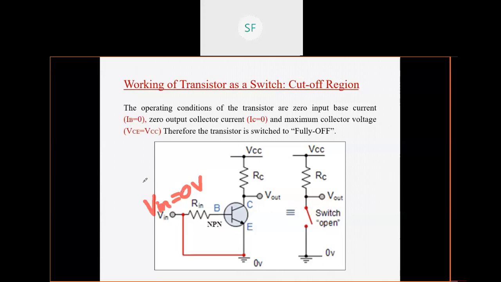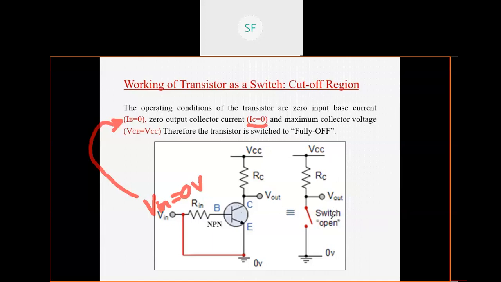So that means you will get this particular equation. When Vin equals 0, then your base current will automatically become 0. Since base current is 0, we know that IC is nothing but beta times IB. So IC will also become 0, right? Now what is meant by IC equals 0?